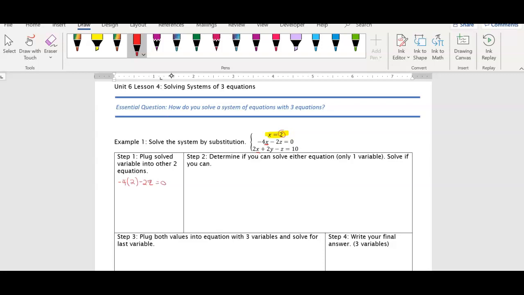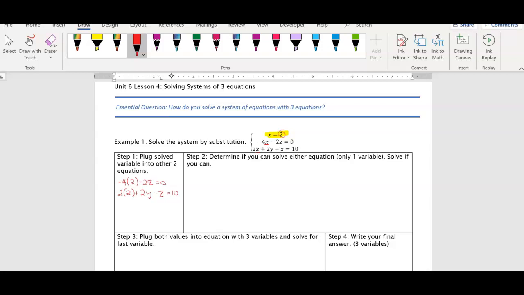The next equation I'm going to write 2, and instead of the x I'm putting in the 2, plus 2y minus z equals 10. So I just rewrote both of those equations with the number 2 in replacement of the x.